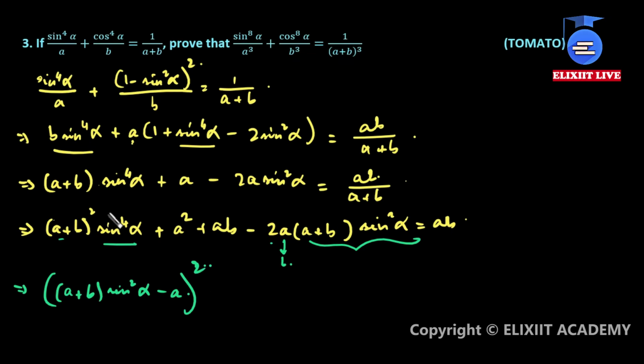Here we have A plus B whole square sine to the power 4 alpha minus 2 times A plus B into sine square alpha. Yes, we have plus B square. So that is basically A square, and AB will cancel out from both sides. Will this work? Fine. Clear with this step?